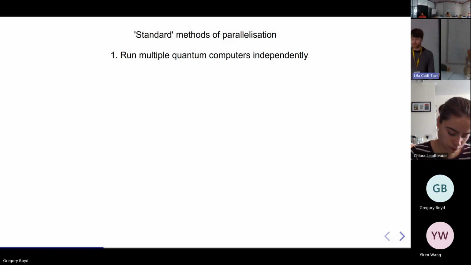The first one is just to run multiple quantum computers independently. Pretty much every quantum algorithm is going to involve some kind of sampling or probability of failure. So rather than just having one computer and running it many times, you run several simultaneously and independently.